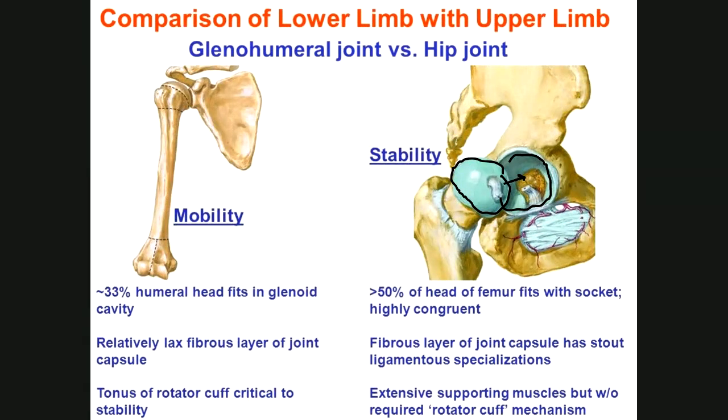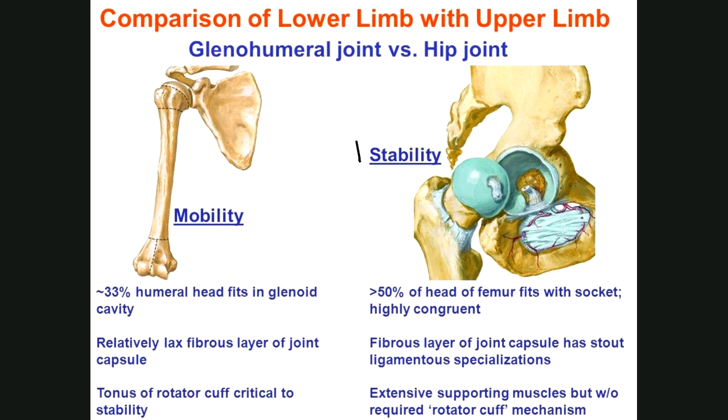Here we go. Look, over 50% fits in the socket. And then we have this joint capsule with extensions on it. In other words, there's connective tissue that sticks out, making the cup even deeper. And then we have very, very strong ligaments here. So the hip is very, very stable.